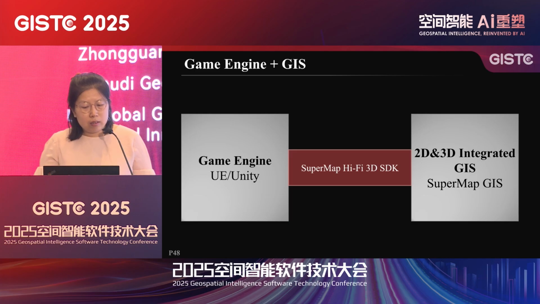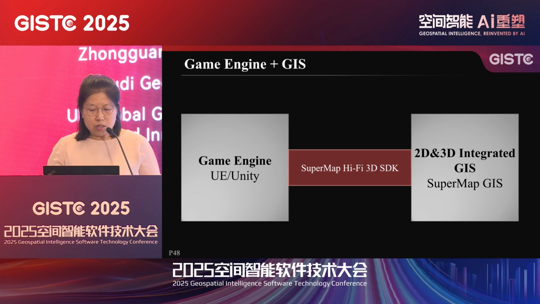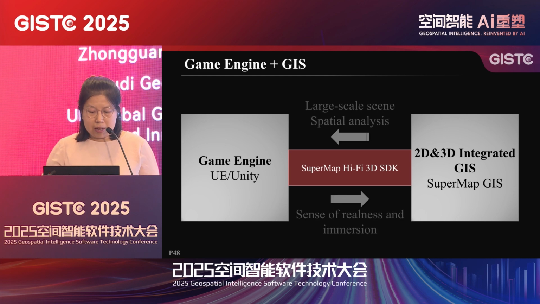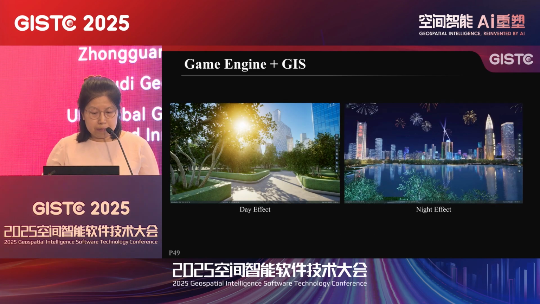Since 2020, technologies like digital twins, the metaverse, and XR have evolved, raising the need for better visualization. SuperMap launched the Hi-Fi 3D SDK, combining GIS spatial management with game engine rendering, empowering 3D digital platforms for applications like digital twins.